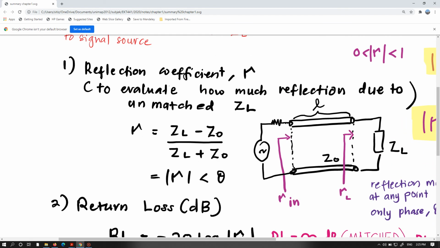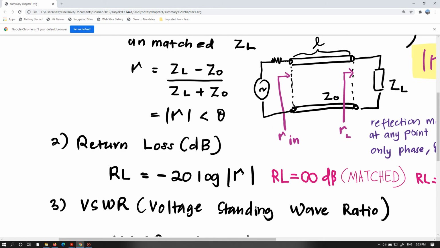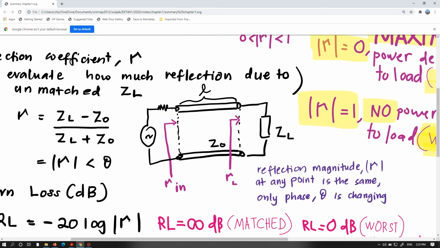Like previously, we have the reflection coefficient. So that is the formula. For example, here this is the circuit. The reflection coefficient is usually represented in terms of magnitude and phase. So you can read the reflection coefficient, or give its value, at any point along your length.